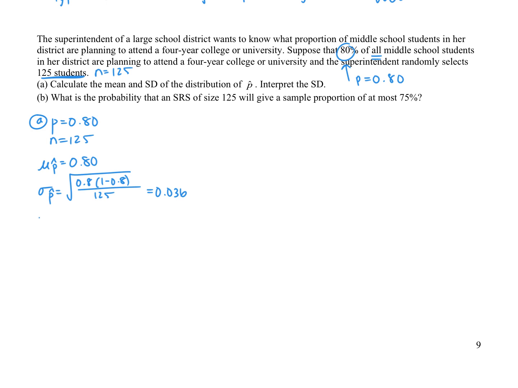Now, those are only valid if her sample size of 125 is less than 10% of the population. So if I solve for big N, if I divide by 0.1, I'm going to get 1,250. So we need to know, is our population bigger than 1,250?